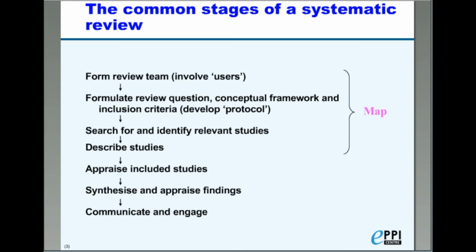So the first few stages of that review process could be considered a map, because the first four stages in this diagram, up to describing studies, are a mapping stage. You're describing what studies you've identified and are including in your review.